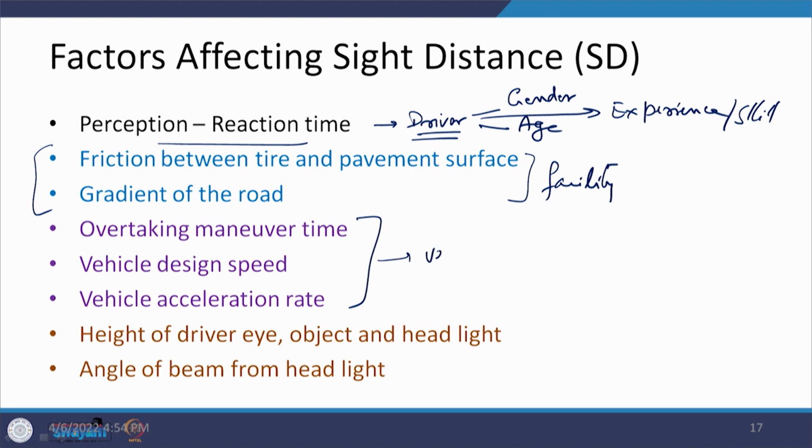Obviously, they are related with the vehicle and its performance. So, they are also going to be discussed. And then there are miscellaneous aspects in terms of the height of the driver eye, object, headlight, angle of beam from the headlight. So, these are also the points which we will be considering under different type of sight distances.